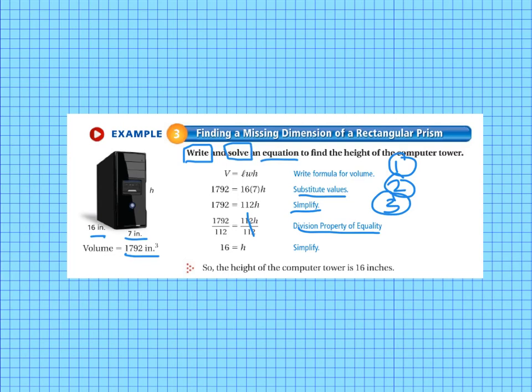It cancels that out, which leaves you with an h on the left. And 1,792 divided by 112 is 16. It gives you a 16 on the left and an h on the right. So you are simplifying again. So step 4 is your division property of equality. Step 5 is simplifying it. So the height of the computer tower is 16 inches.